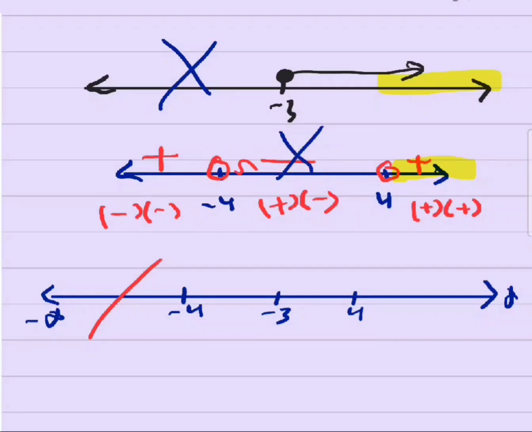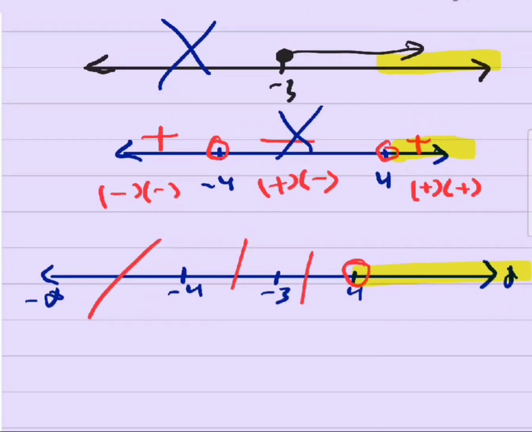Even though it works for this one, it doesn't work for the second one. So therefore, the answer has to be from 4 to infinity. This region is true for both number lines. This region here applies to this number line and also this one as well.